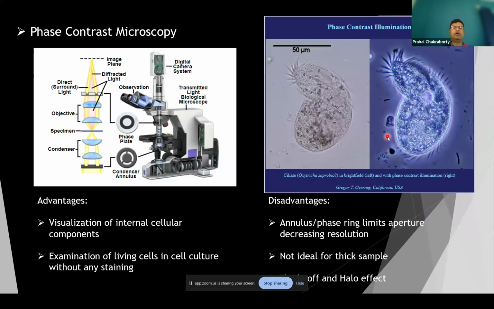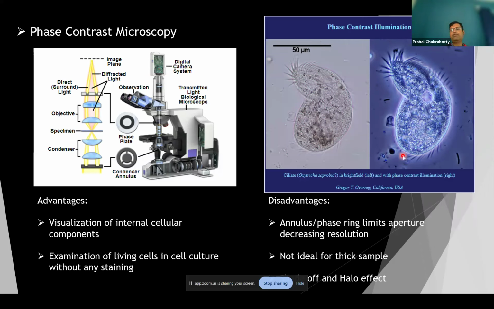As usual, every technique has some advantages and disadvantages. The advantage is that you can see the unstained sample with internal details, but the disadvantage is that since you are using the phase ring and condenser annulus, they cut a lot of light, and as a result it will also decrease the resolution of the image.